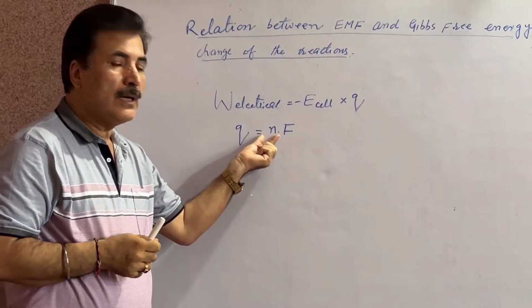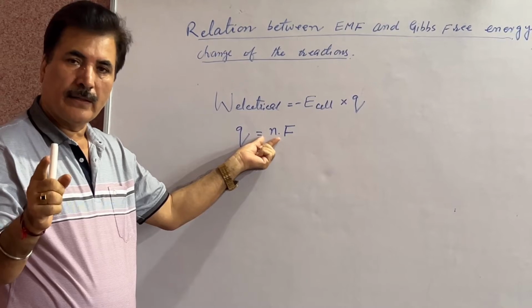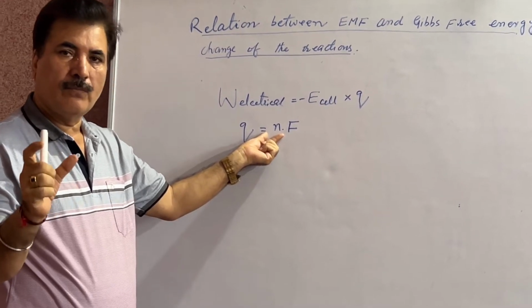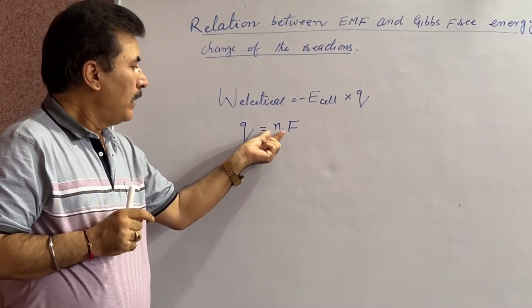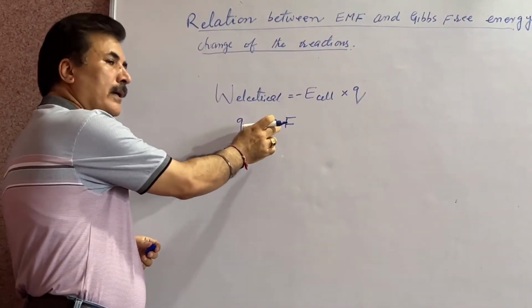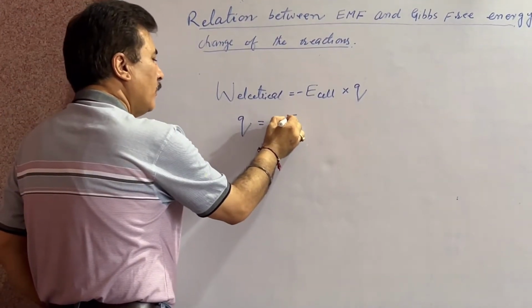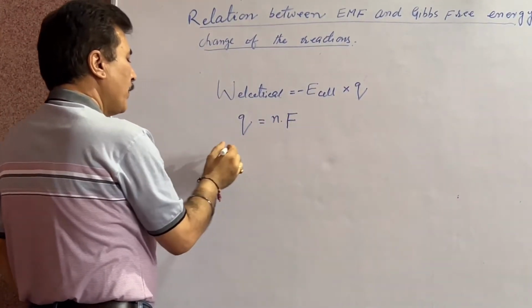If n moles are involved in the reduction, charge on 1 mole is 1 Faraday, Faraday's constant. Multiply it by n, and the total charge will be equal to nF. 1 Faraday is the charge on 1 mole of electrons.